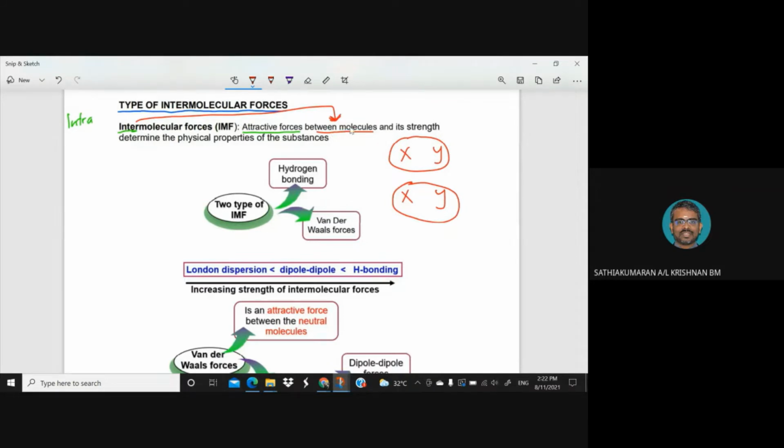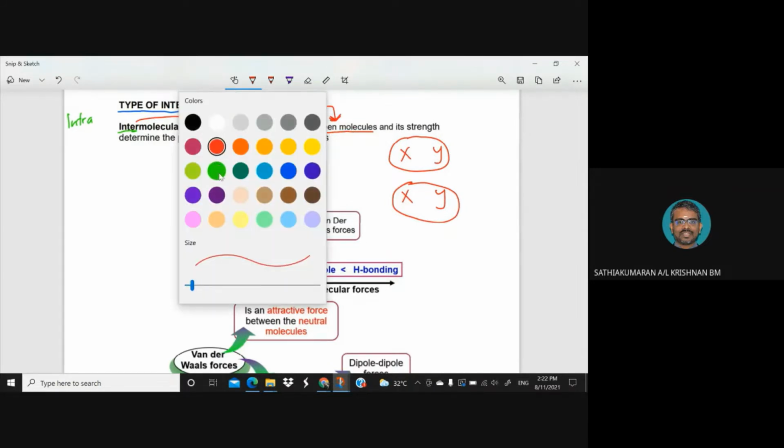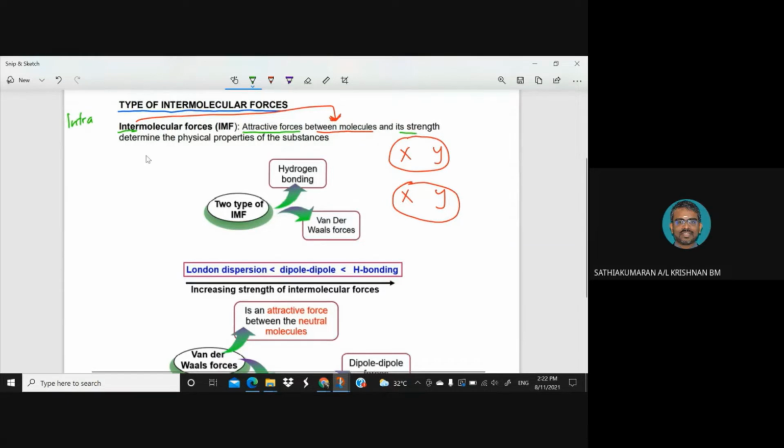Okay, between. After that, its strength determines the physical properties of the substance. Physical properties means, for example, melting point, boiling point, and after that, solubility.